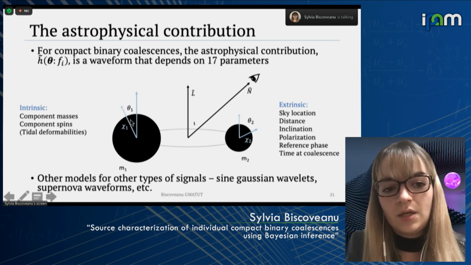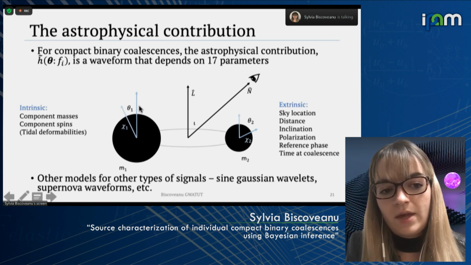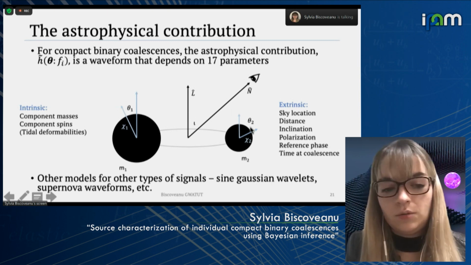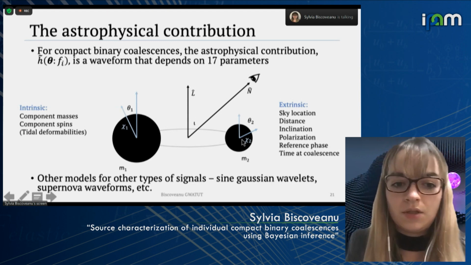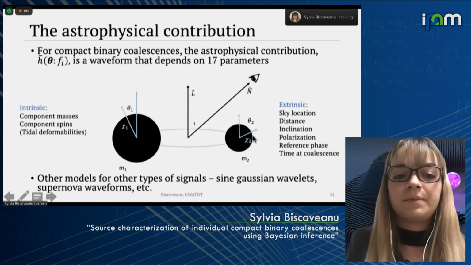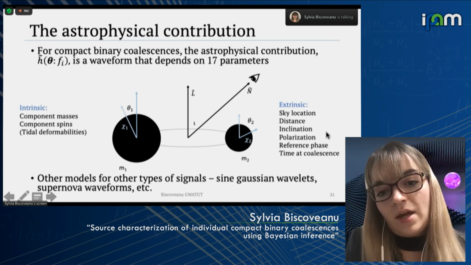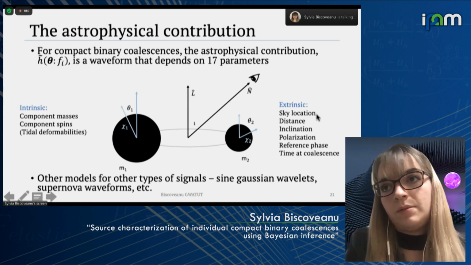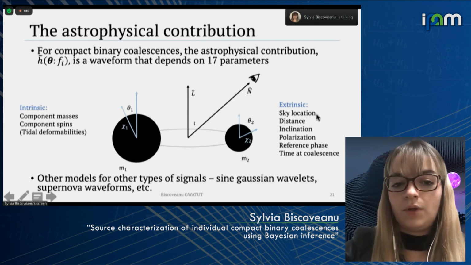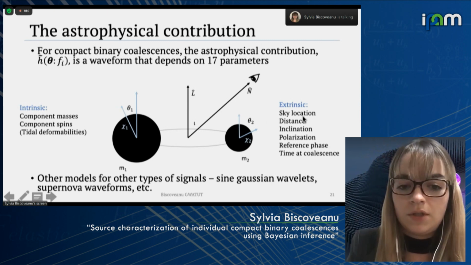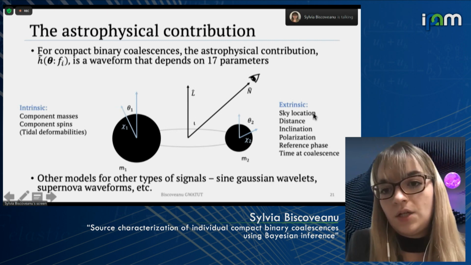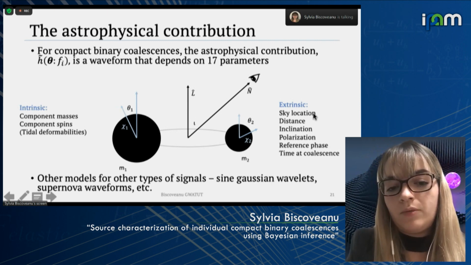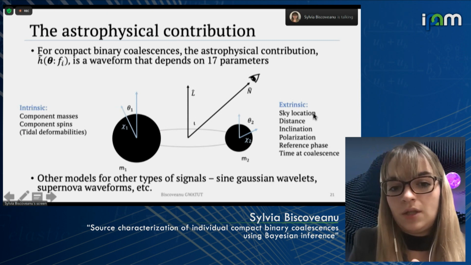And in this case, we have this parameter theta 1 and theta 2, which determines the tilt of the spins relative to the orbital angular momentum. And then we also have the extrinsic parameters, which determine basically just the relative orientation and position of the source relative to the observer. So we have the sky location, which is typically parameterized in terms of the right ascension and the declination.